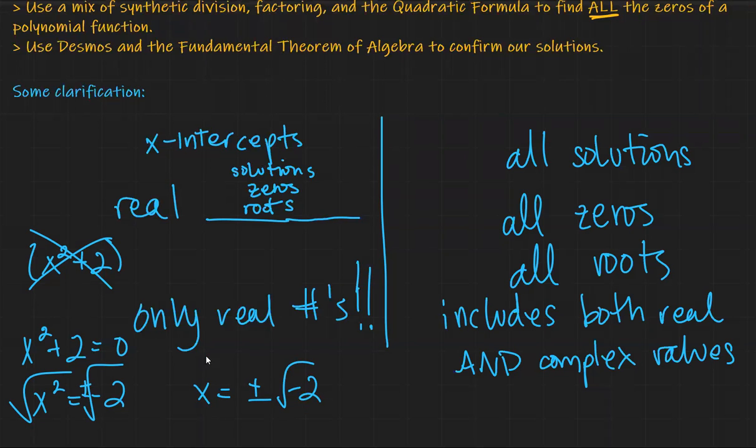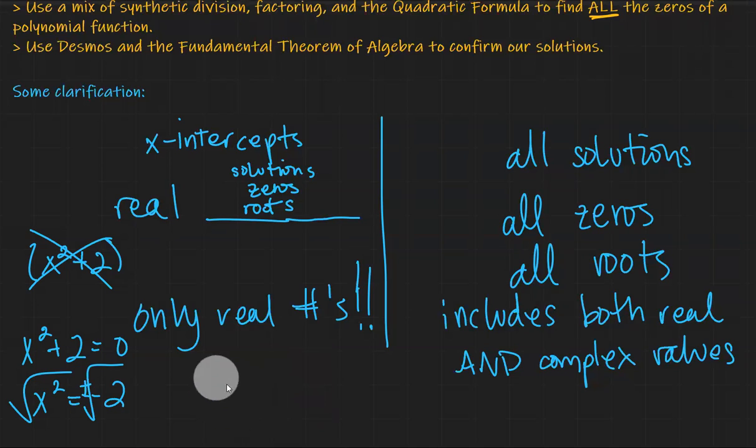And then right here, I told a lot of you to just stop, to just not keep going. And the reason why is because this is not a real number. This would give us plus or minus i root 2. And that's not a real number, which means it's not an x-intercept, right? Only real numbers are x-intercepts because we're graphing in the real coordinate system.